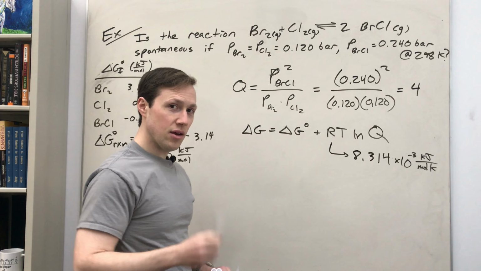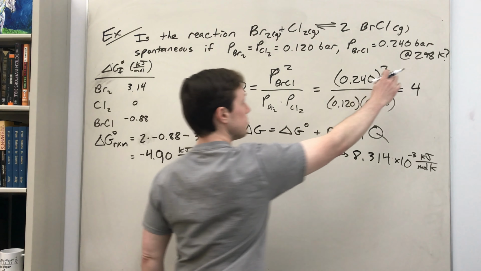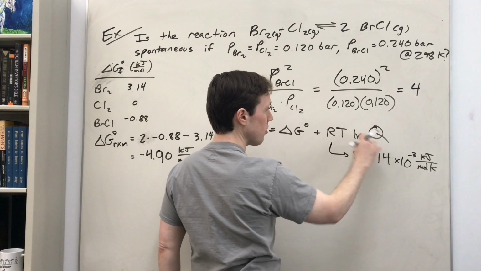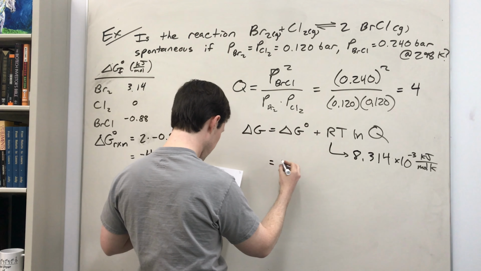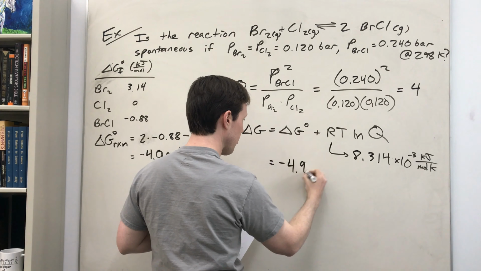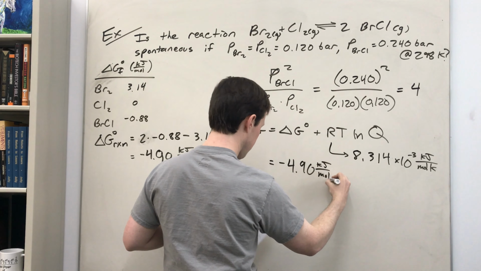So with that, we're ready to fill everything in. Our temperature, 298 K, we have R, and we have Q. If we fill those in, we're going to bring in our negative 4.90 kilojoules per mole.